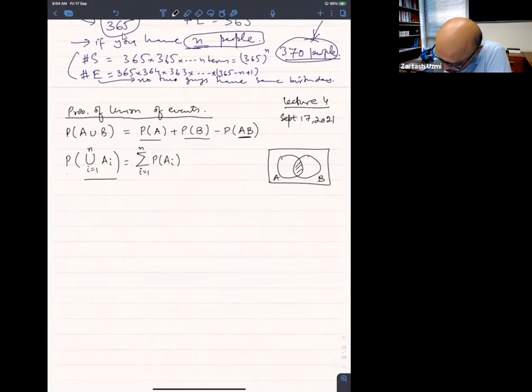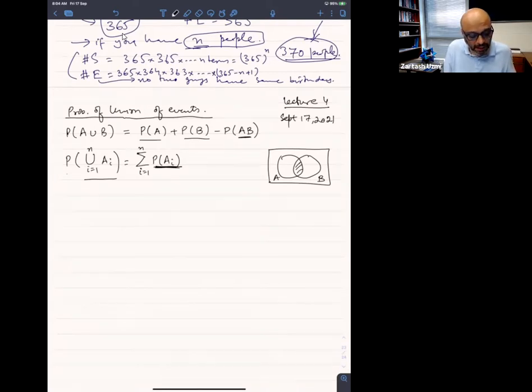So the generic expression would be, since you have added all these probabilities, you would be overcounting, double counting or triple counting some of the areas. You will have to subtract those. So first, the probability of single events, the summation over all n of probability of A_i.